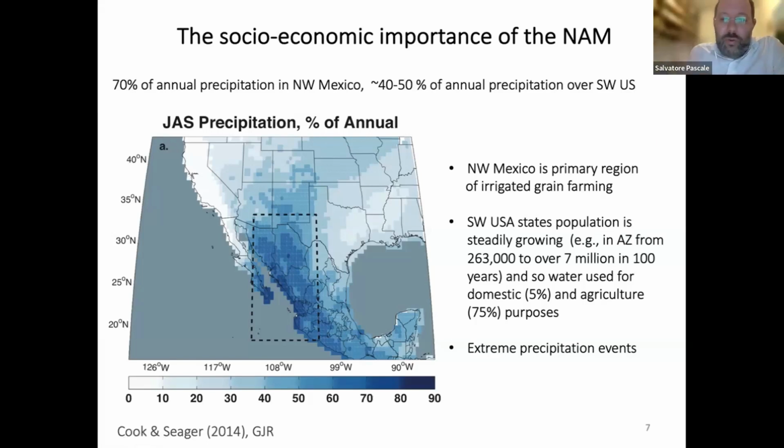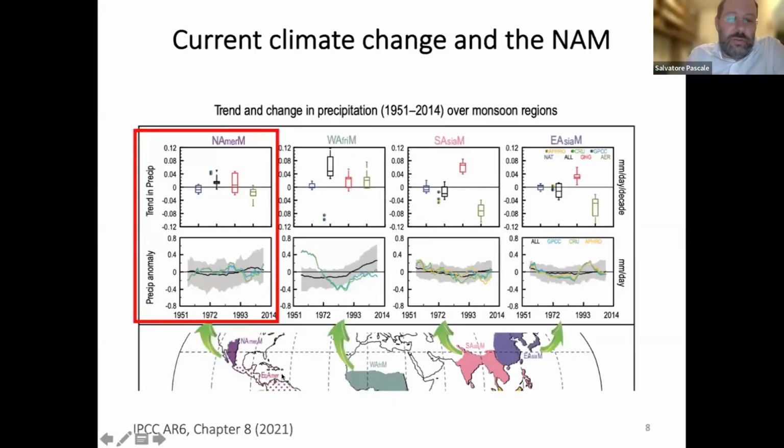So it's very important for agriculture, and also it's strongly associated with extreme precipitation events, like flash floods. So the type of rains we have during the North American monsoon is of a convective nature, so either convective or mesoscale convective systems. So often they give rise to very intense precipitation events.